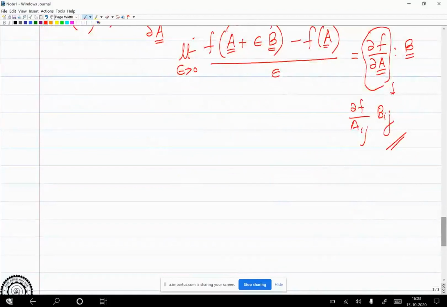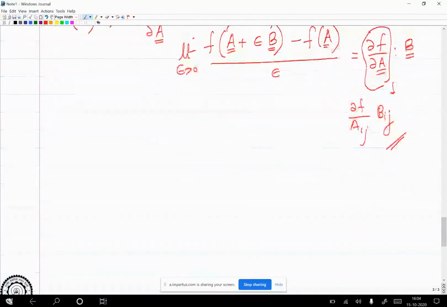All right, so this is how you can take the derivative with respect to a vector, second order tensor, third order tensor, fourth order tensor, or any order tensor. So let's get back to the gradient that we had earlier.